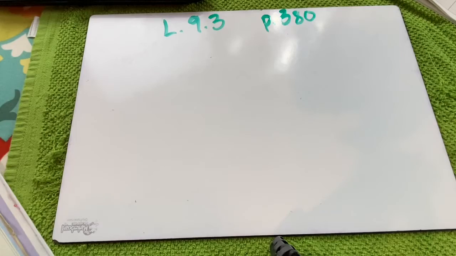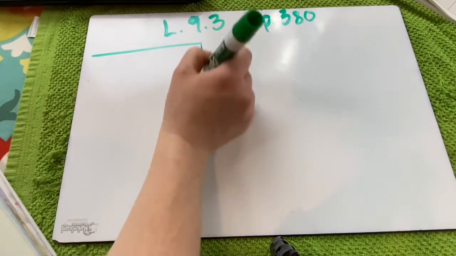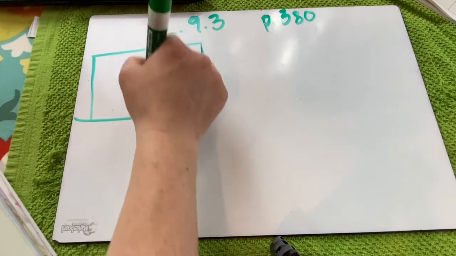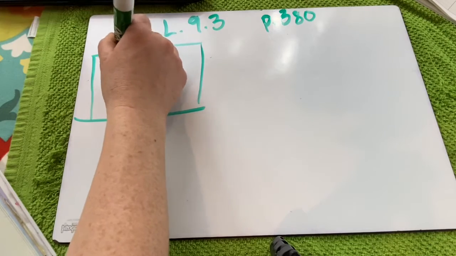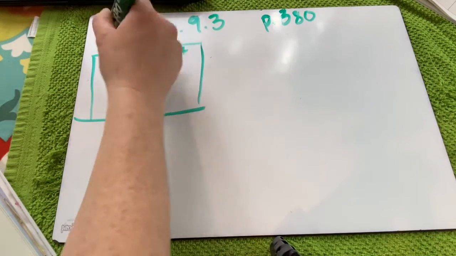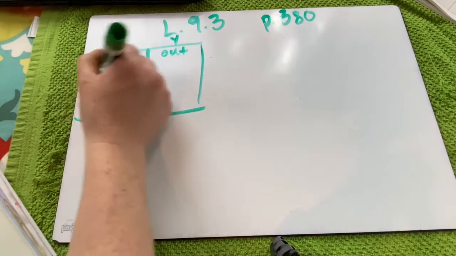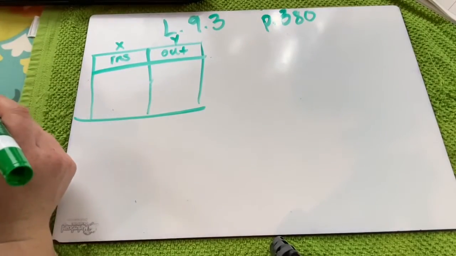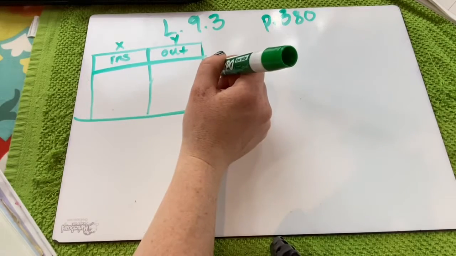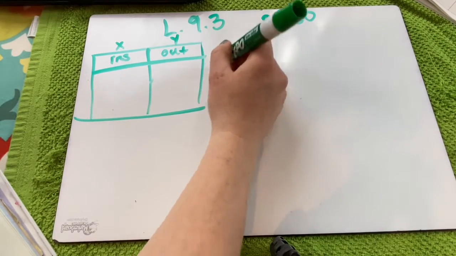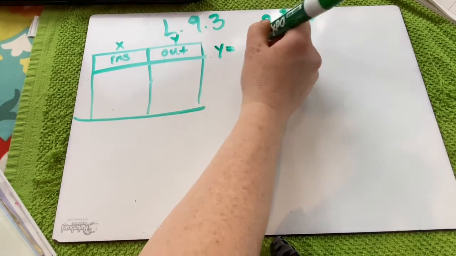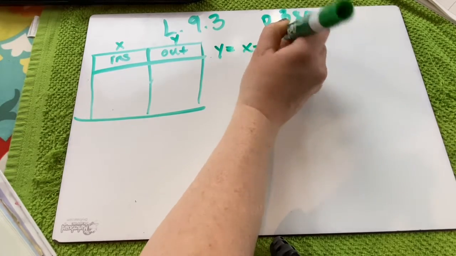Okay, so again, we have our box here, right? We have our ins, we have our outs. What are the ins? They are the x's. What are the outs? They are the y's. Okay, so it says my function is y equals x plus 2.